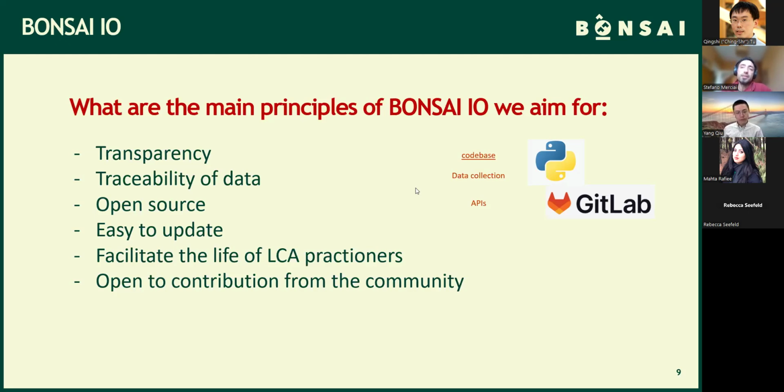At the same time, we are also changing the structure of the input-output database to meet the needs of life cycle practitioners. We are inserting concepts that have been developed within the industrial ecology community, and adapting input-output tables to meet the requirements of industrial ecologists. And then, of course, we want to create something that is open to contribution from the community.